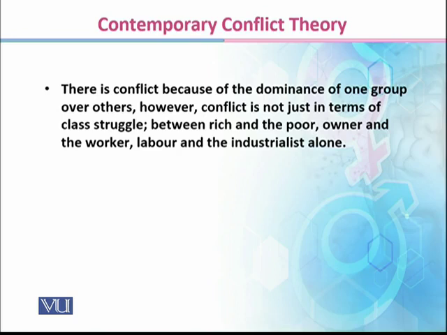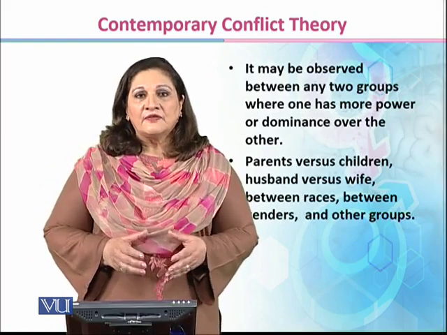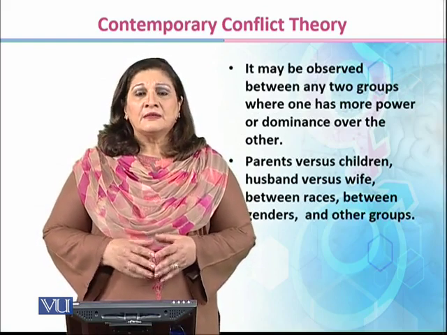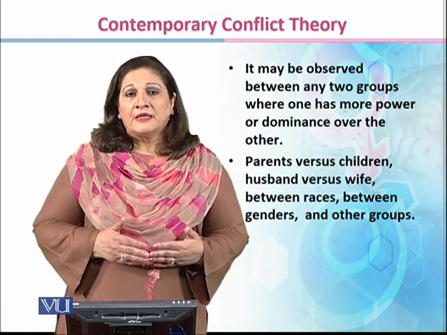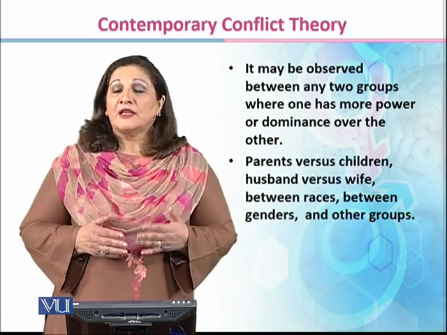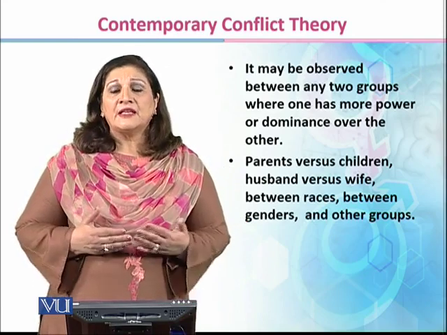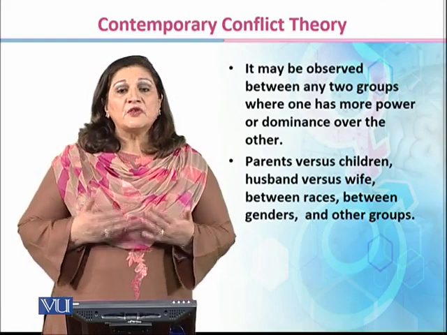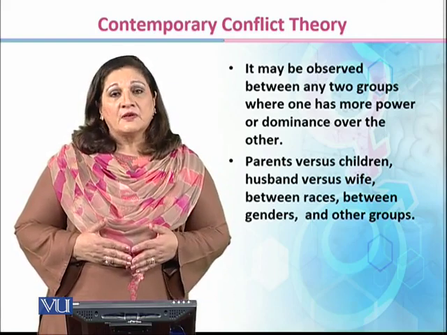So what we are saying here, in the contemporary approach, is that the conflict that exists in the society is not necessarily between the owner of industry and the worker or the labor. Not just between the rich and the poor. It can be observed in any groups. Any two groups may have conflict between them. Members of any group may have conflict that needs to be resolved.